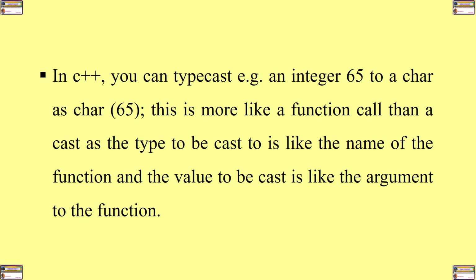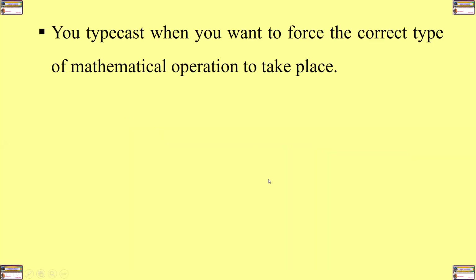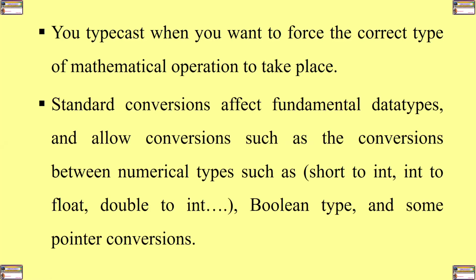Therefore, in this case, char will be almost like a function into which you are passing an argument, that is 65. You typecast when you want to force the correct type of mathematical operation to take place.